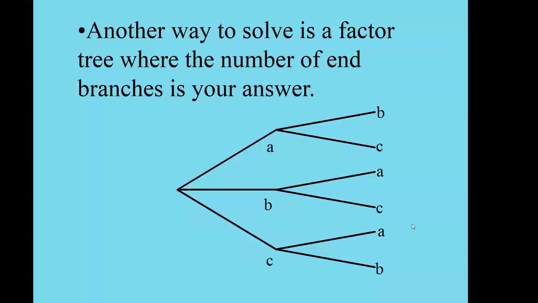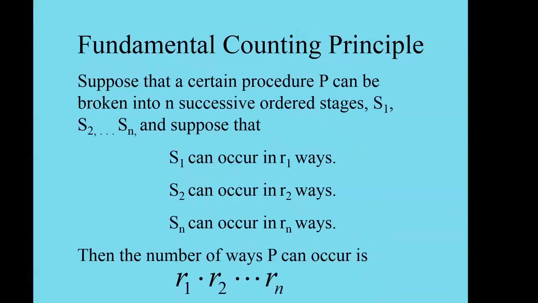Okay, so again, you can list it out, you can draw a tree diagram, or there's another concept called the fundamental counting principle. And that is, in any situation where you can break it up into stages, and at every stage you have a different decision that you can make, you can apply this counting principle. So if I have S number of stages, then at each stage I could just multiply. I have this many options at stage 1 times this many options at stage 2 times all the way till I run out of stages.